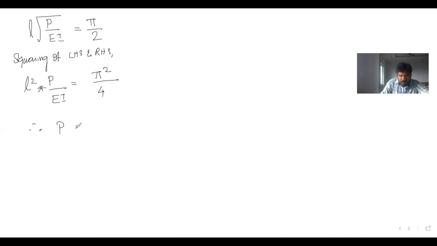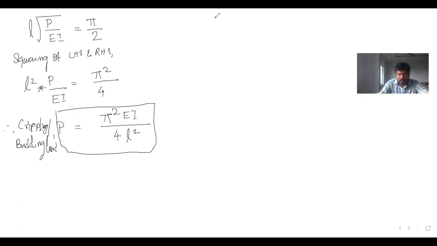Therefore, P, that is the crippling or buckling load, is equal to pi squared EI by 4 L squared.